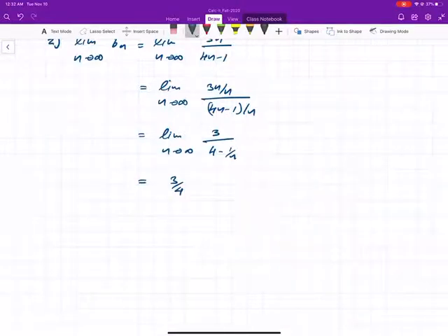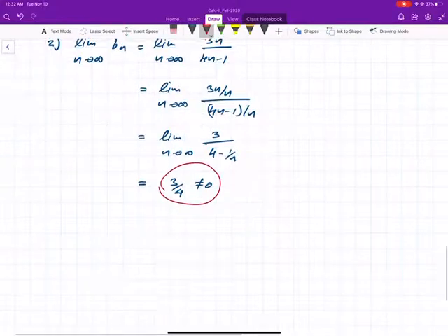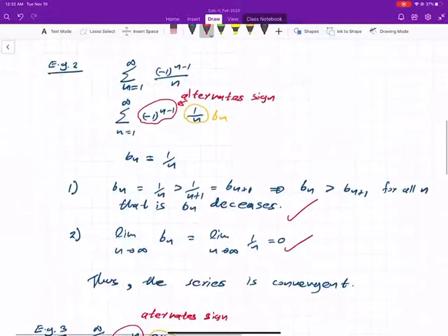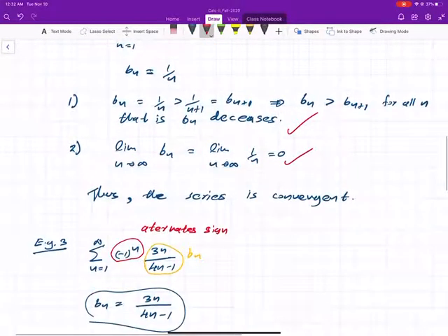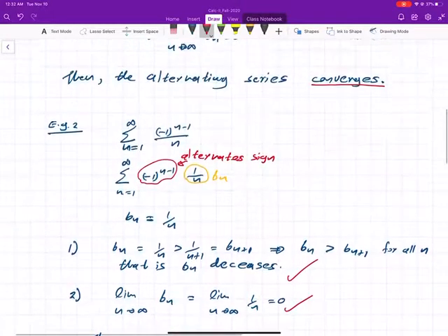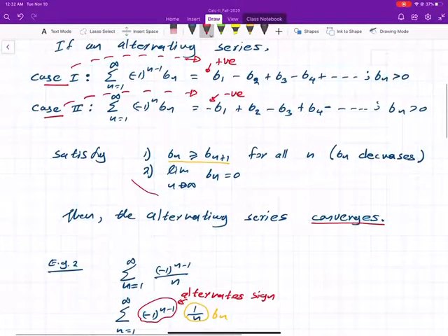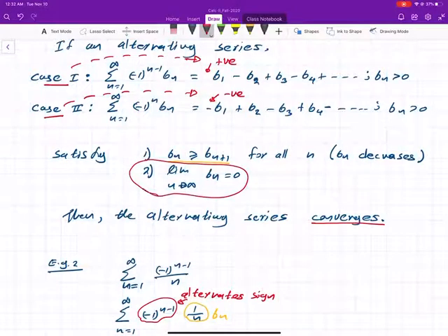But this does not equal 0. Okay, that's a problem. Why is that a problem? Go to the theorem. You should show that this limit should be 0.